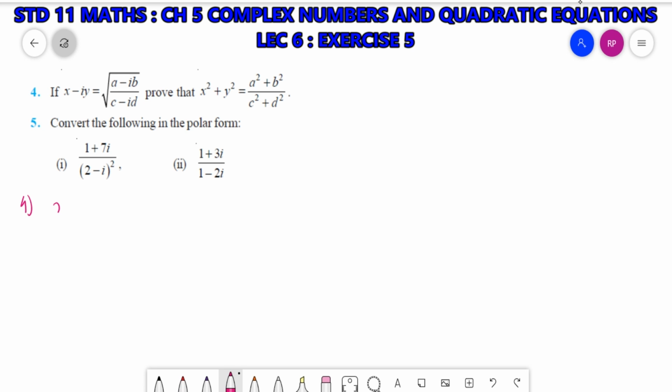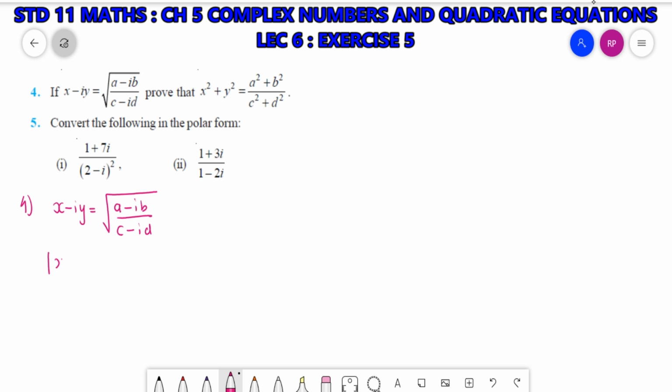Here it is given, if x minus iy is equal to (a minus ib) upon (c minus id), then you have to prove that x square plus y square is equal to (a square plus b square) upon (c square plus d square). Okay, so now see what we can do here. We can take the modulus.